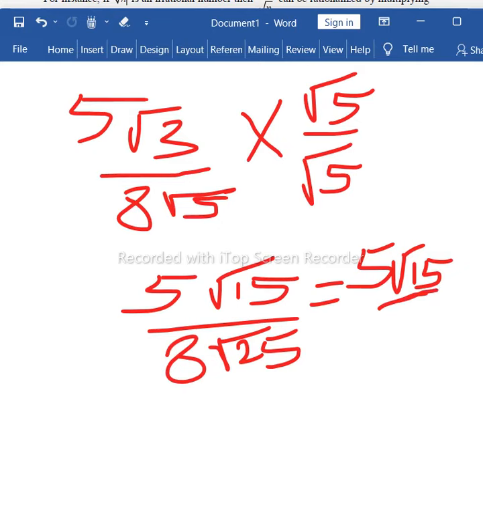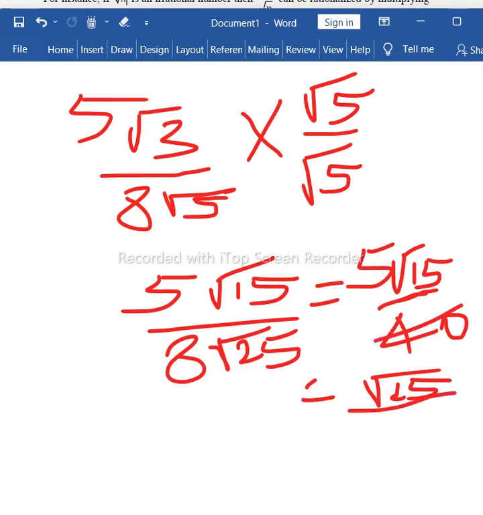As we know, square root of 25 means 5, and 5 times 8 is 40. So the answer is 5 square root of 15 over 40. Then we simplify 5 divided by 5, 1, and 40 divided by 5, we get 8. So this is the final answer for this question.